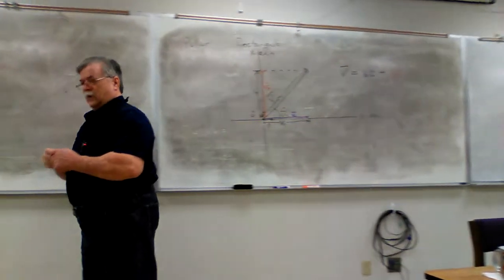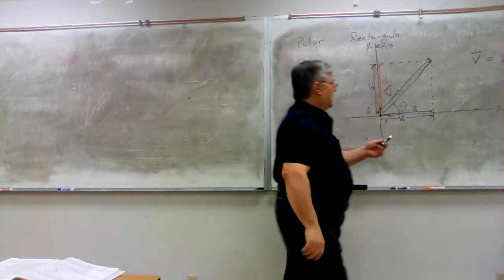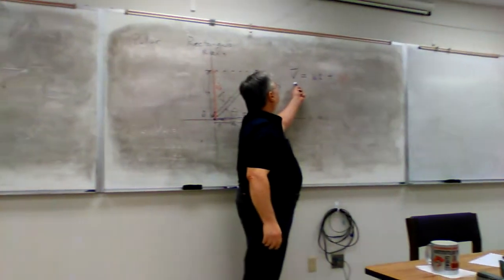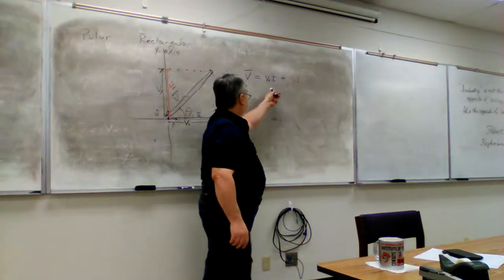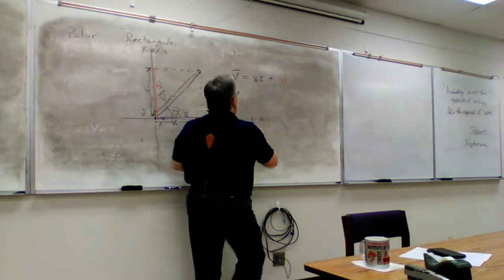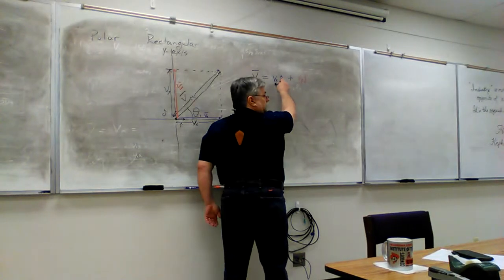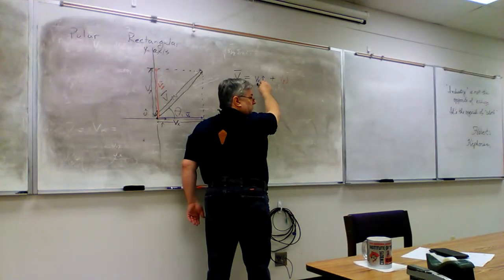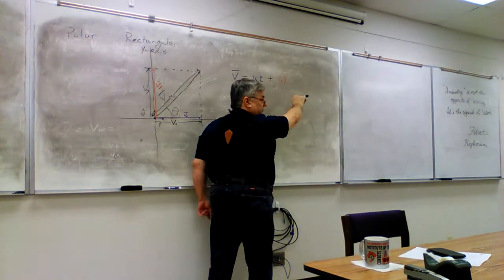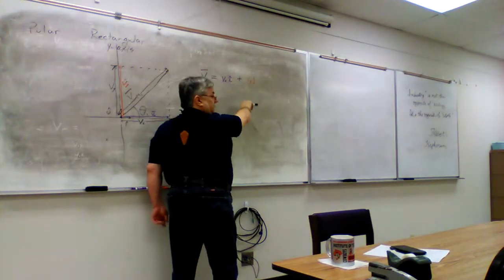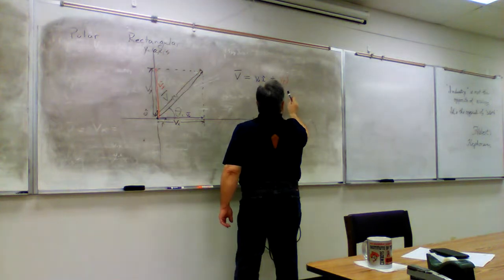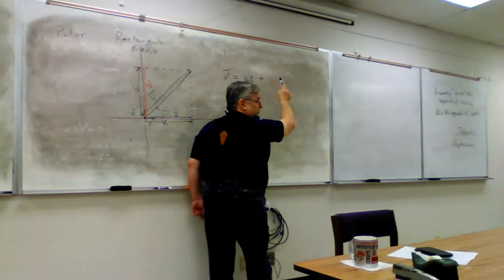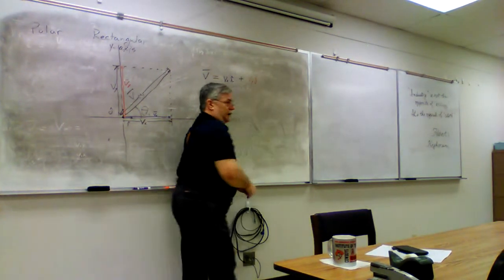So, when we write it this way, we are now saying that the vector v is the vector sum of this vector, the magnitude v sub x at 0 degrees, pointing along the x-axis, plus the vector that is v sub y in magnitude, pointing straight up at 90 degrees.